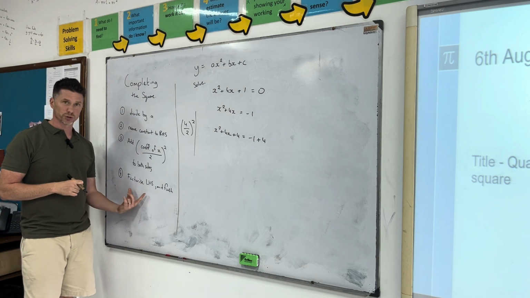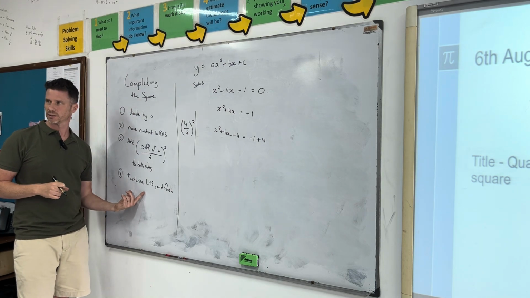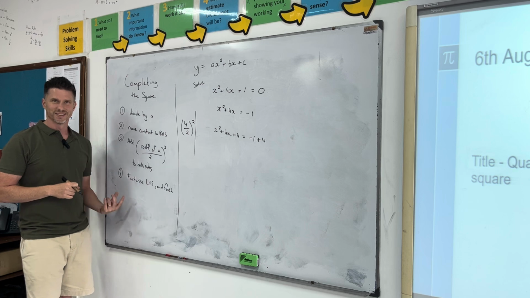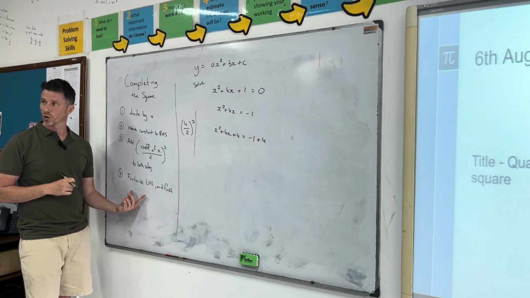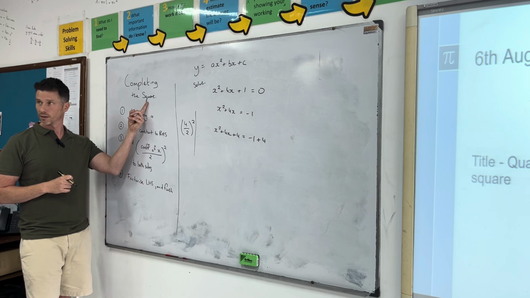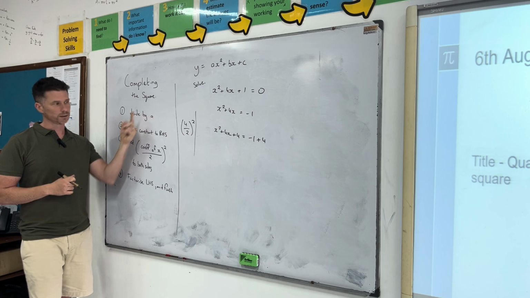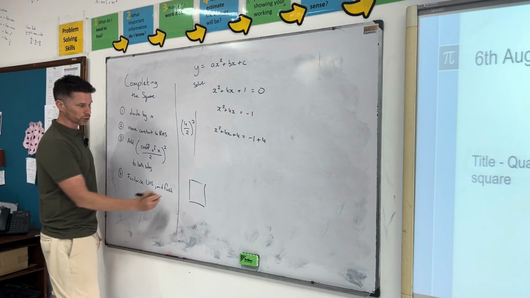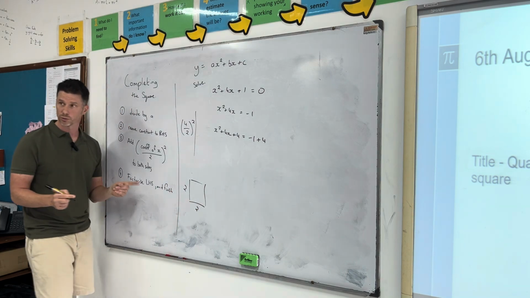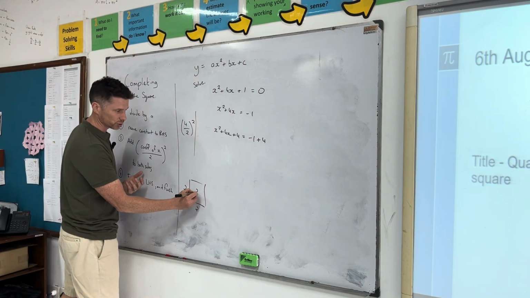And then just factorize the left-hand side and finish. What we're looking for is a perfect square. What's a square? The same side by the same side. So if this was 2, it'd be 2 things multiplied together to get the area, that'd be 2 squared.